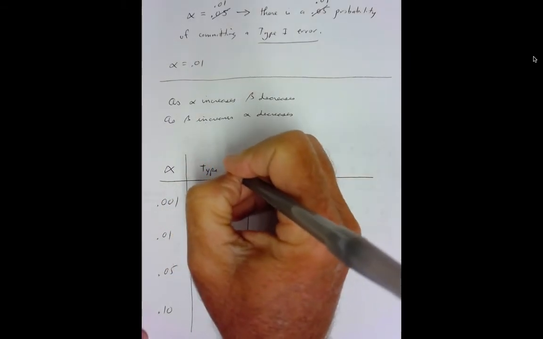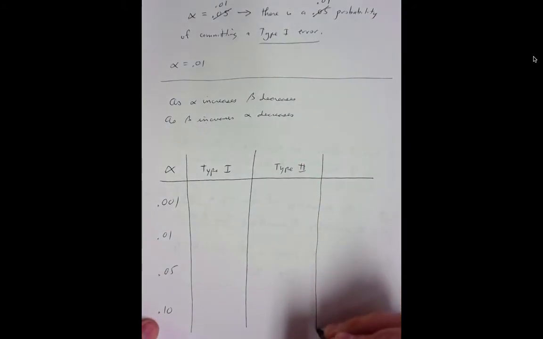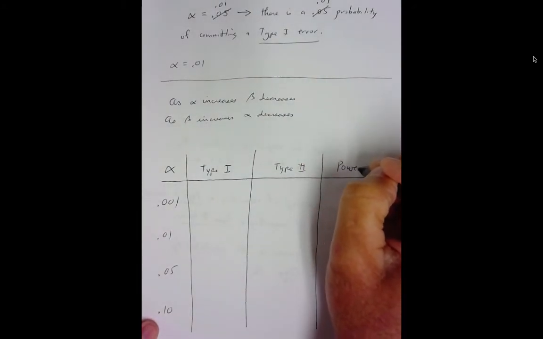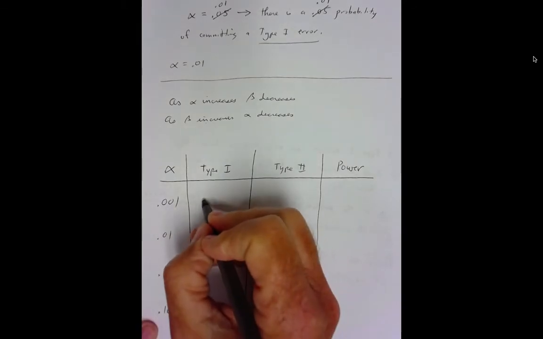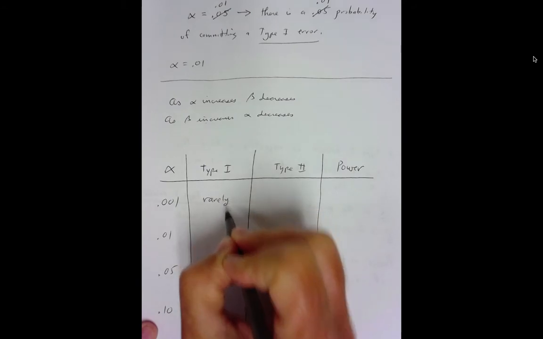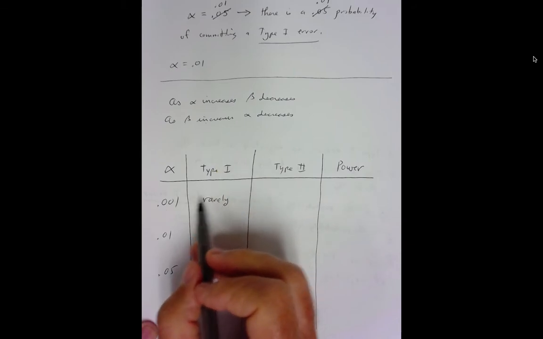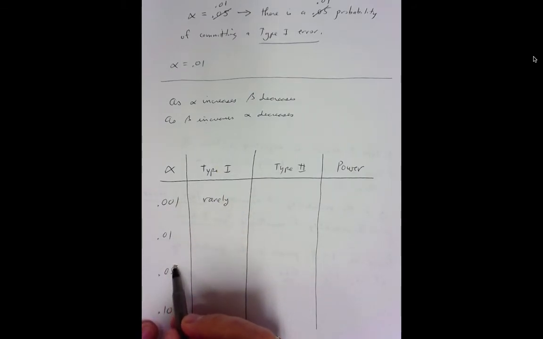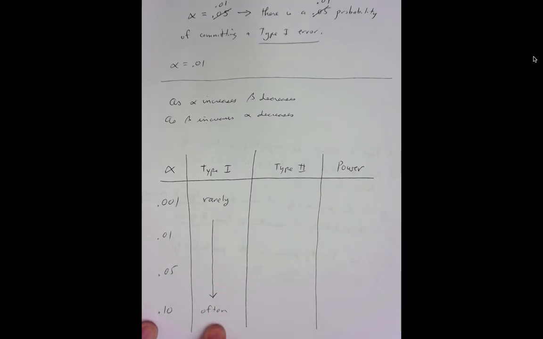Guys, if you set alpha really, really low, then you are rarely, only 1 out of 1,000 times, going to commit a type 1 error. As you let alpha increase from 0.01 to 0.05 to 0.10, you are often going to commit a type 1 error.